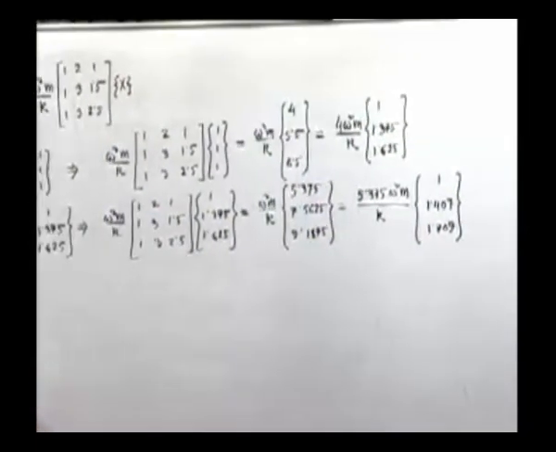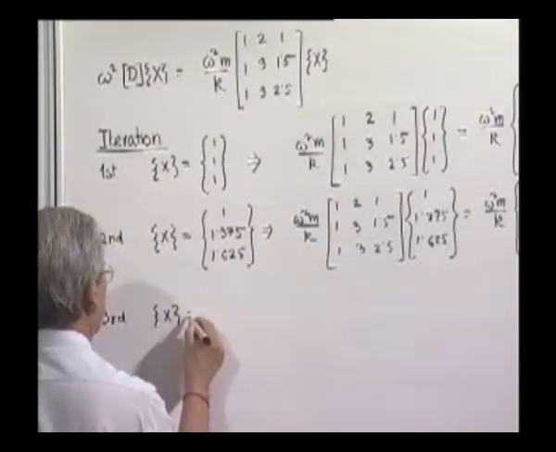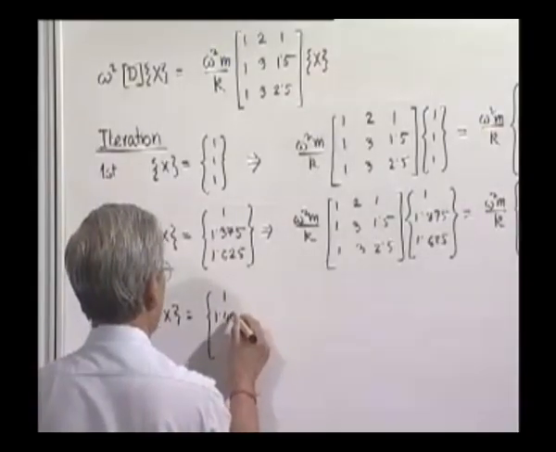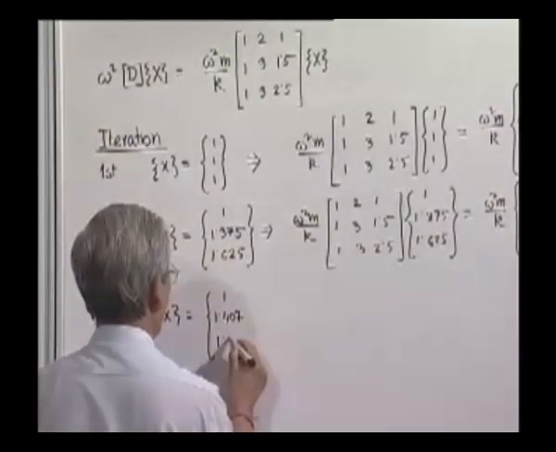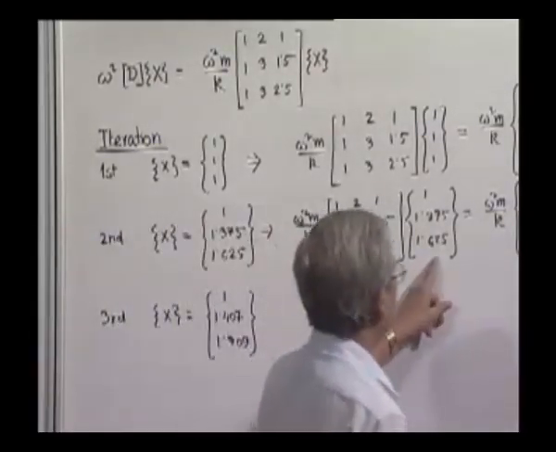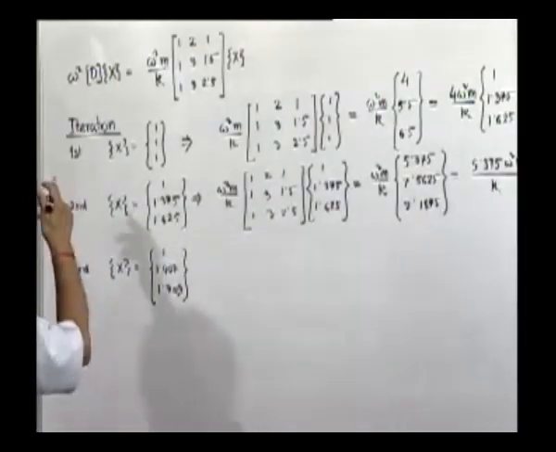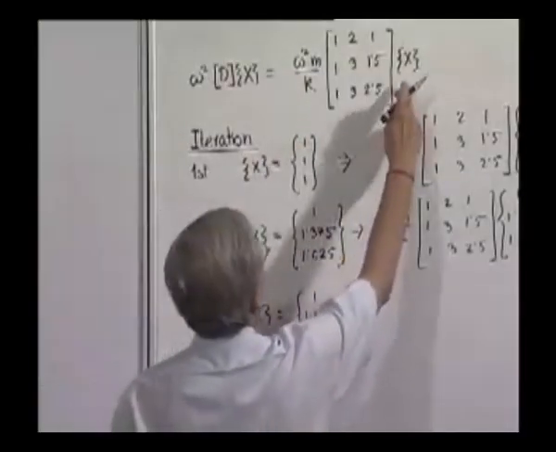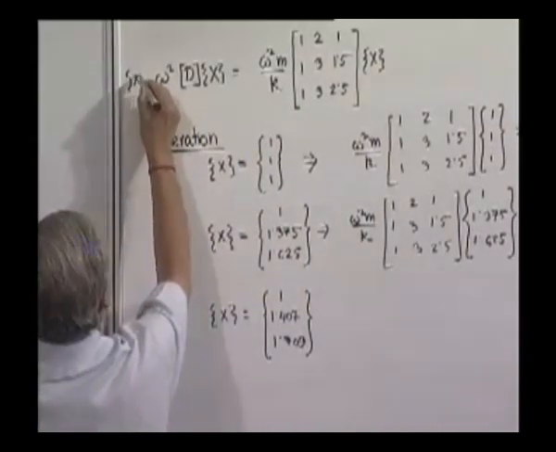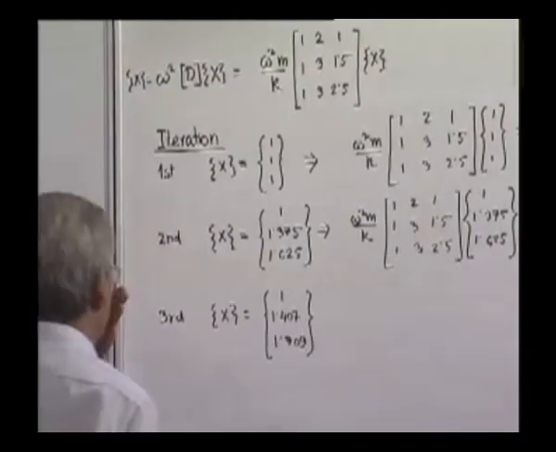So, third step, we have x equal to 1, 1.407, 1.709. You can see we started with this, but we got back this. So, therefore, it is still not satisfying this equation. That means, if you pre-multiply this, you will get back what you were supposed to get back, that we are not getting.